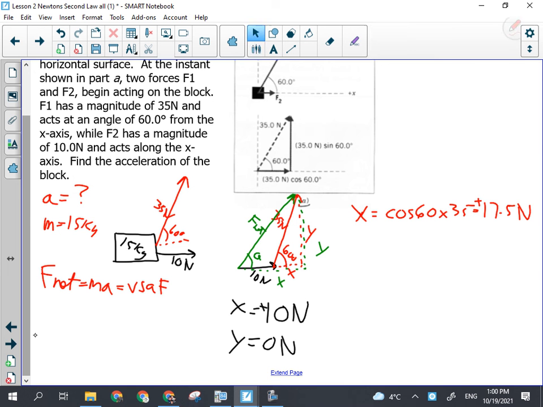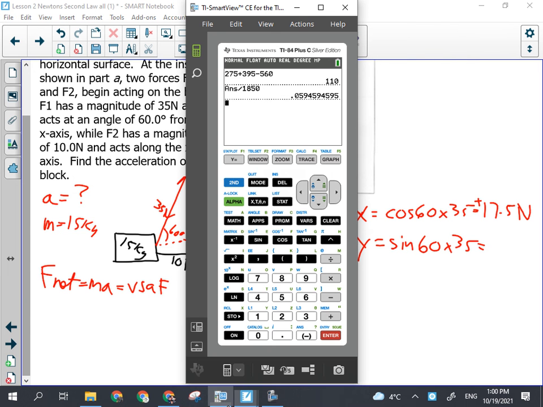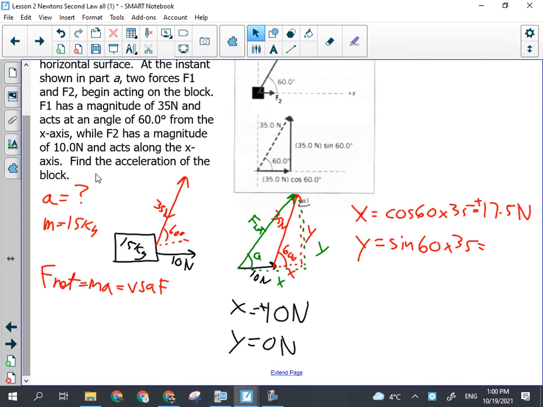And then red y will be the sine of 60 degrees times 35. That one I can't do in my head. Okay, 30.31 newtons, and that's also positive because it's up along the positive y-axis.